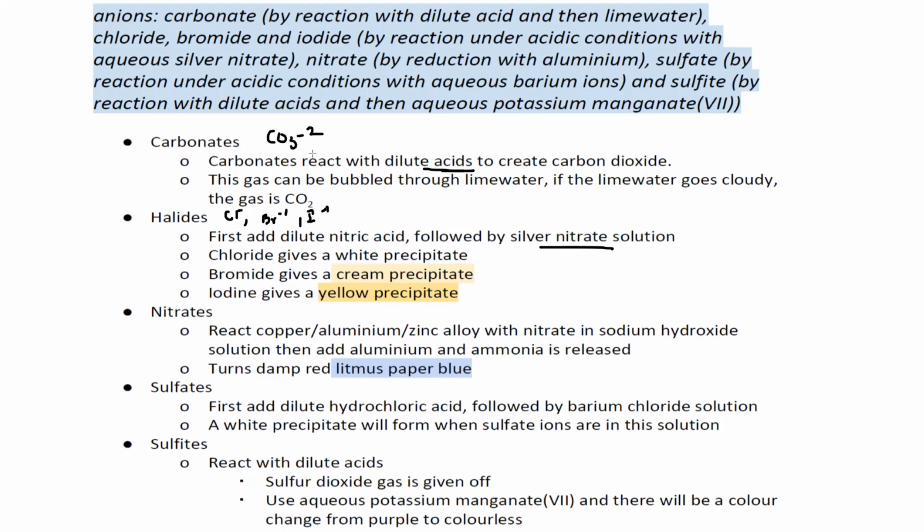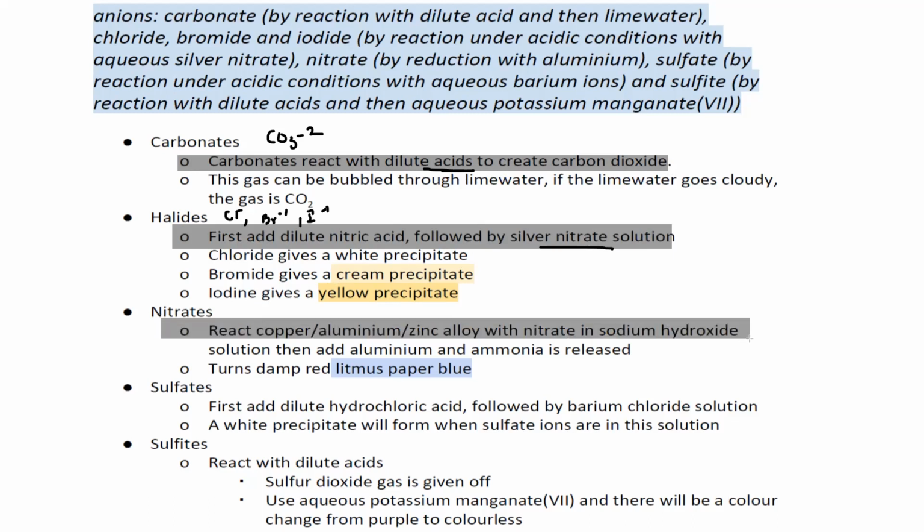So carbonate is tested by adding an acid. Halides are tested by adding acid followed by silver nitrate. If you want to test a nitrate ion, nitrate means NO3. Yes, any acid can be added. If it is written dilute acid, normally we add any acid; with carbonate it gives carbon dioxide.